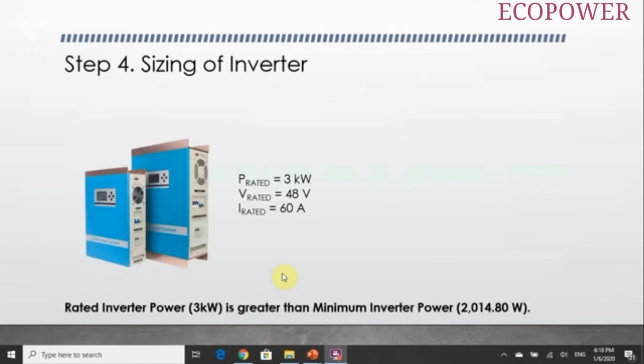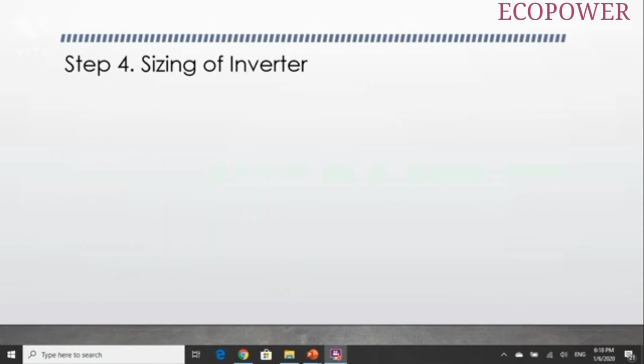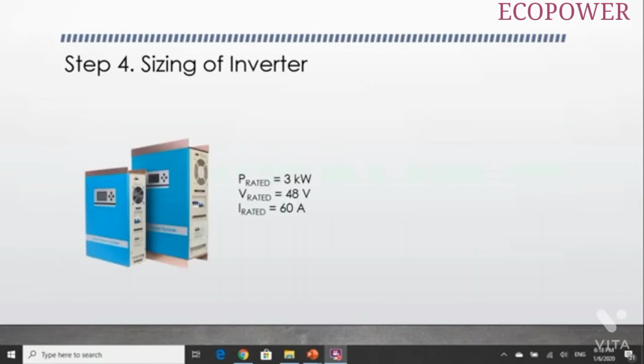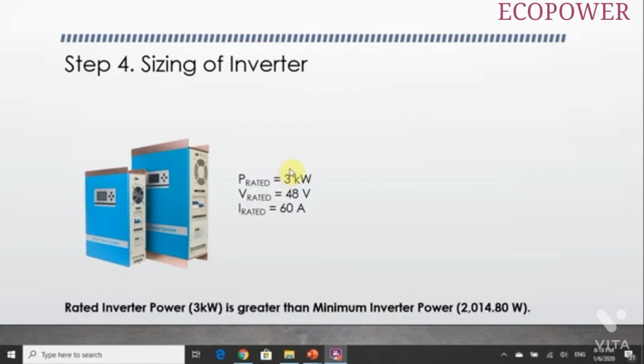Using that value, around 2 kilowatts, we can pick an off-grid inverter higher than this. In this example, we have chosen a 3 kilowatt off-grid inverter, since its power rating is greater than the minimum inverter power that we have calculated from the previous slide. So this inverter is okay.